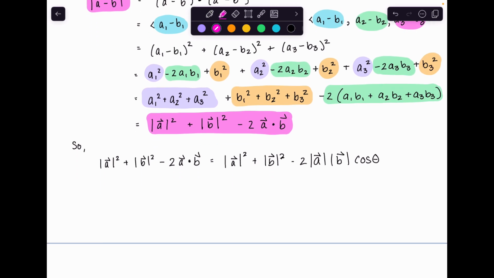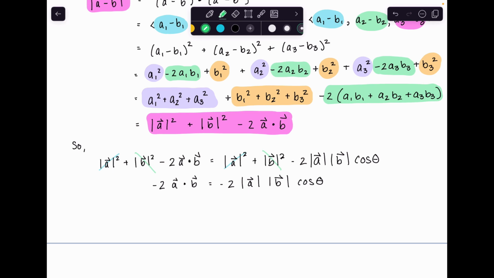So just simplifying this a little bit, if you go ahead and subtract this, those cancel each other out. And same thing, these two cancel each other out. So it really leaves us with negative 2 times the dot product of A and B is equal to negative 2 times the magnitude of A, magnitude of B, cosine of theta.